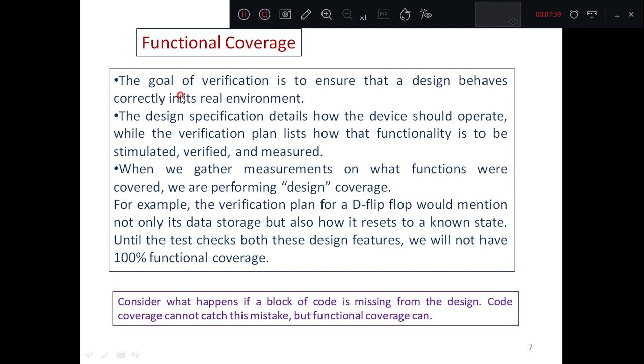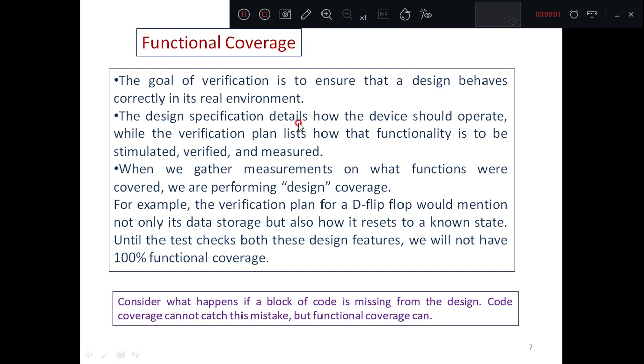Now what is functional coverage? The goal of verification is to ensure that a design behaves correctly in its real environment. The design specification details how the device should operate, while the verification plan lists how that functionality is to be simulated, verified and measured.